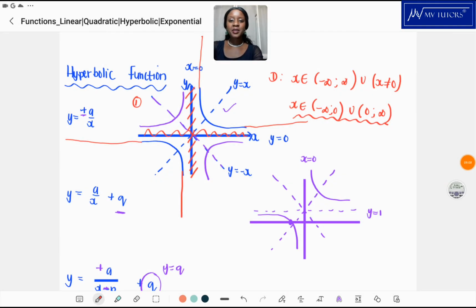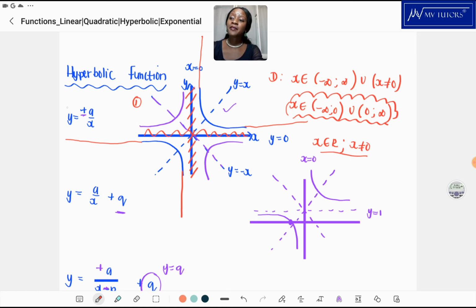Another way you can put it is, you could say that x is an element of R, but x can't be equal to 0. I think that's a much better way of putting it as well. But like I said, I really prefer this one. But this is also good. And the same thing with y. Y is an element of R, but y cannot be equal to 0.